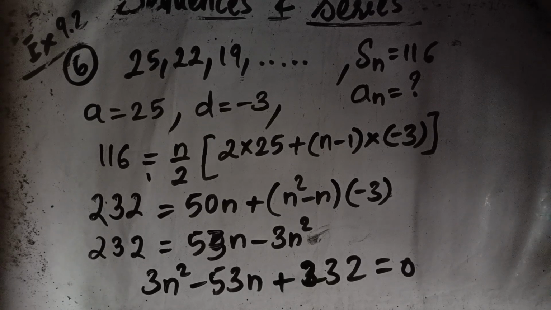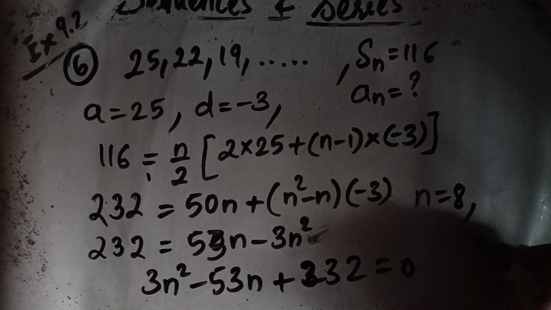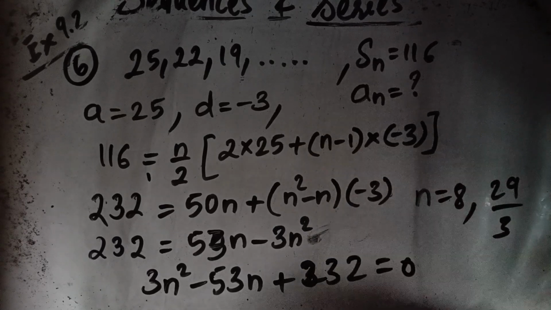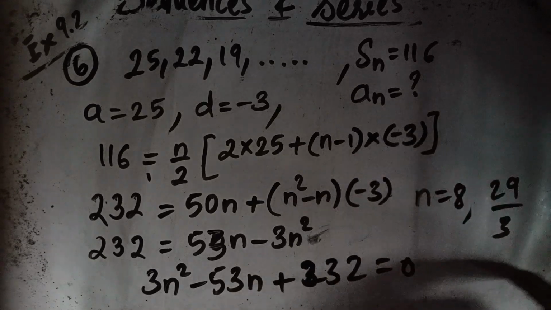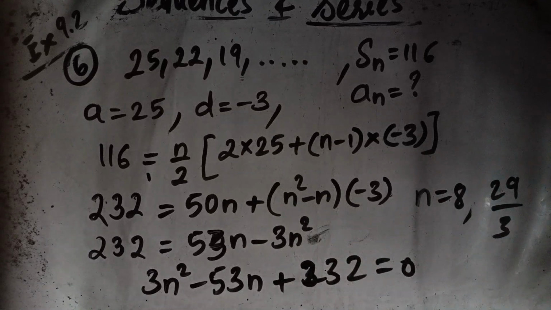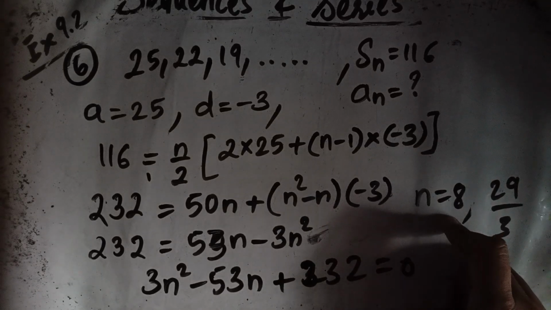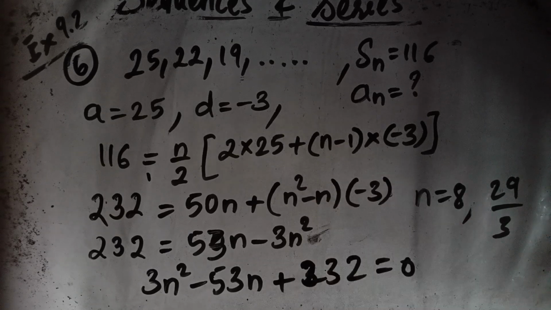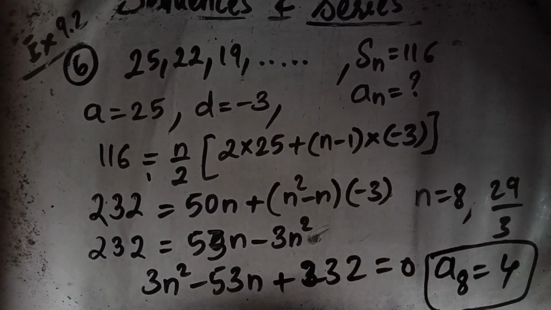So the answer you will get is n equal to 8 or 29 upon 3. Okay, so 29 upon 3, n is not possible, correct? n should be a natural number. So n is 8. n equal to 8 you have to take. So substituting in an, that is a8, you will get the answer as 4. Okay.